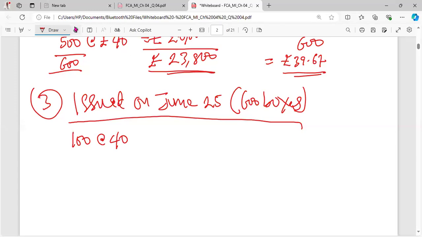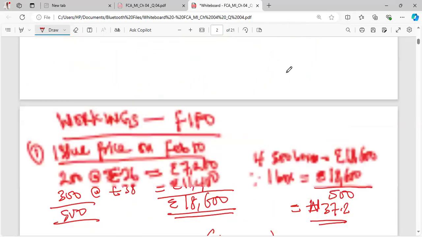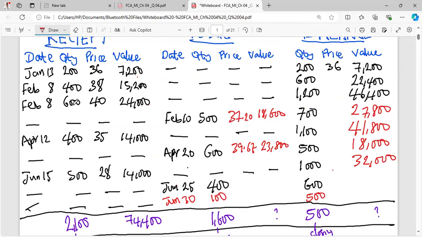I need to put the currency. At £40. So that should give me 4,000. So 100 is gone. We've taken 100 from here. We take the 400 at 35 and another 100 at 28.